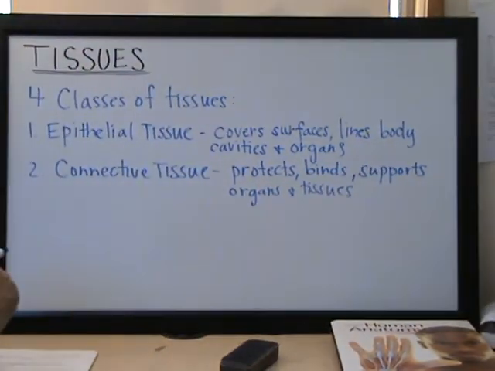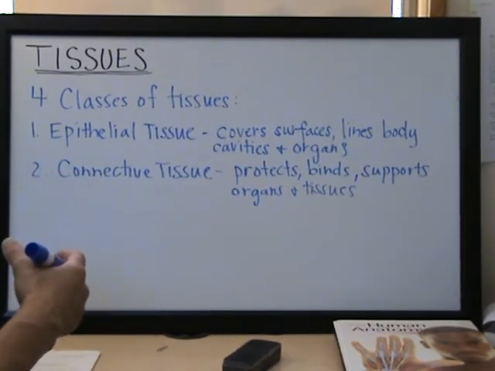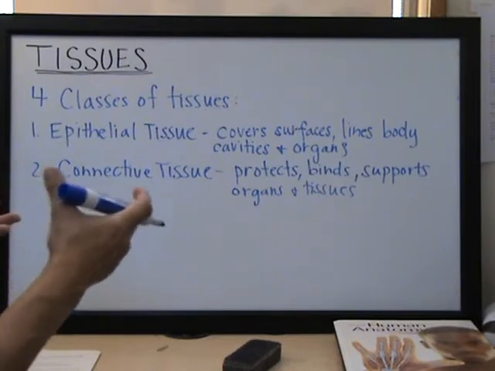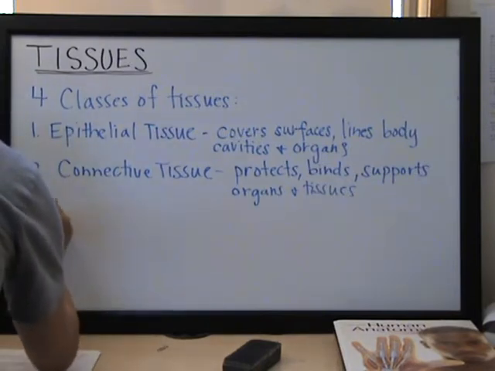So it's kind of the glue that holds the body together. If we have problems with our connective tissue, there are disorders where the connective tissue isn't produced properly, the body actually literally starts to fall apart. And we'll talk more later about different types of disorders.